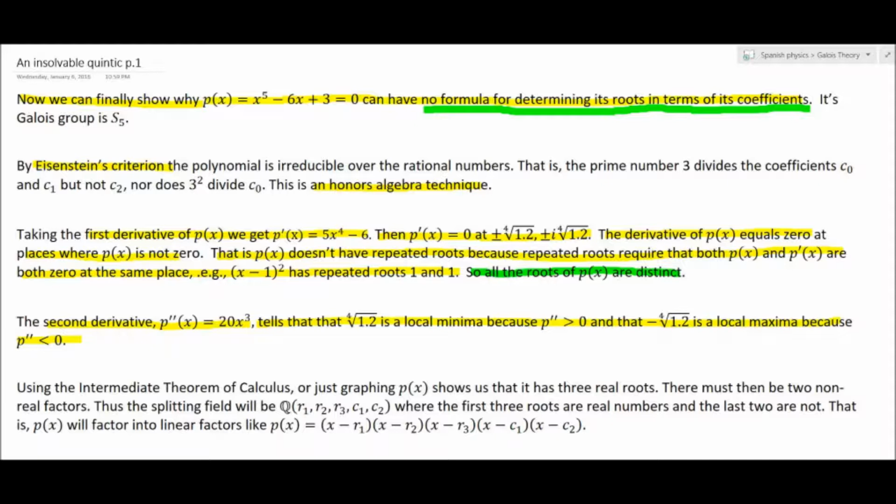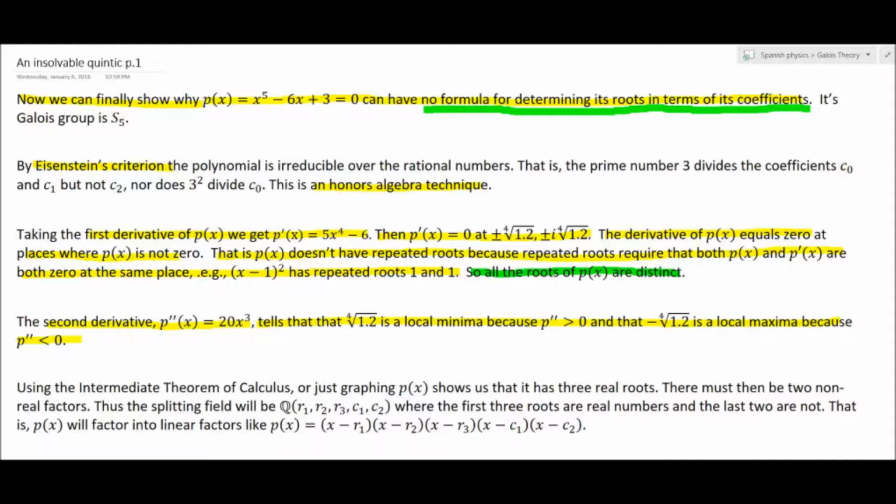If you go back to some honors algebra at the high school level, something called Eisenstein's criterion, you can see that for the reason cited there, prime number 3 divides the coefficient c0 but not c1, c0 and c1 but not c2, nor does 3 squared divide c0. Then we know that it's irreducible over the rational numbers. You can look this up as a definition. Again, this is stuff that you would see in an advanced algebra class in high school.